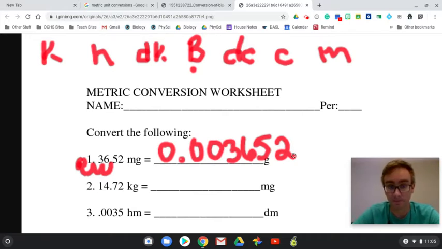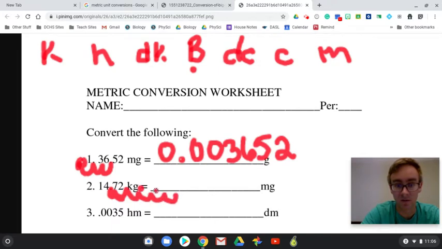Okay, so if I wanted to go from kilograms to milligrams, I'm going to start at kilograms, and jump to the right 1, 2, 3, 4, 5, 6 times. So I'm going to have to move this decimal place 6 times to the right. 1, 2, 3, 4, 5, 6.